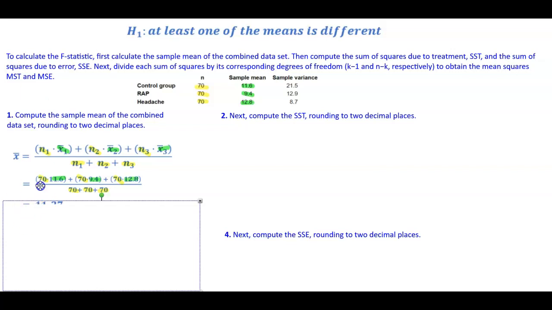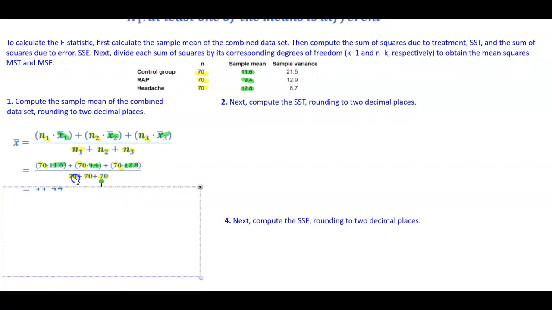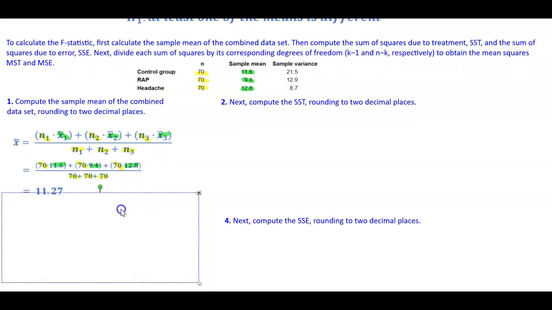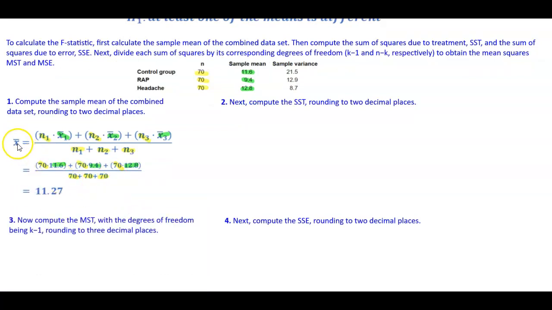In our formula, we take the sample size times the sample mean of 1, plus the sample size times the sample mean of 2, plus the sample size times the sample mean of 3, and divide by 70 plus 70 plus 70. When we do that calculation, the sample mean of the entire data set is 11.27.